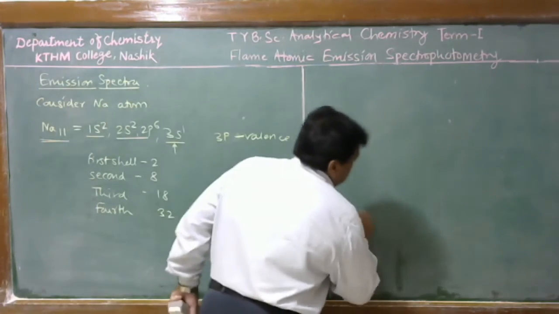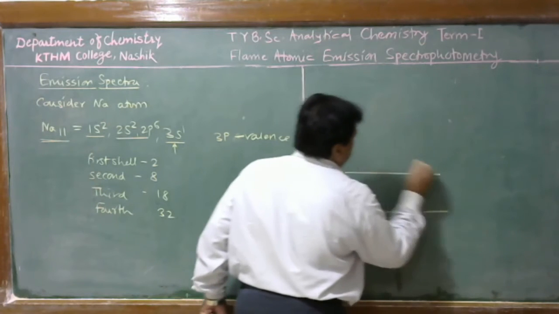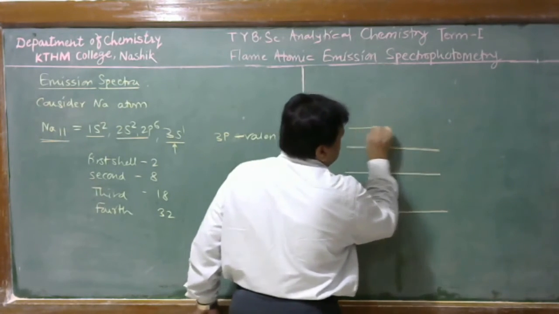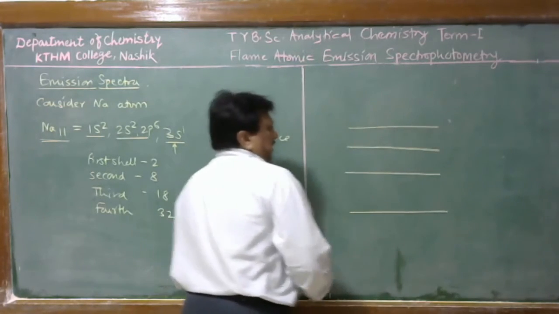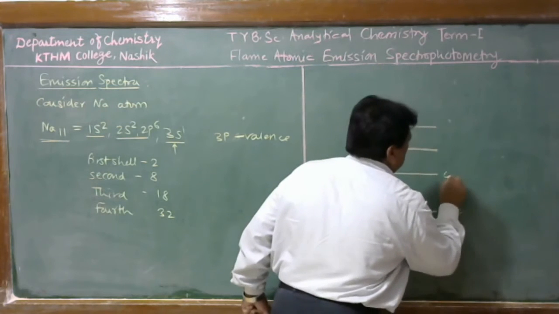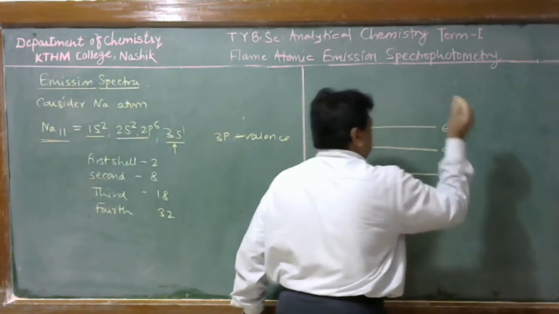Now here this 3s valence shell, then 4p, then 5p and then 6p like this. Here we consider this is the valence shell 3s, and then 4p, 5p and 6p.